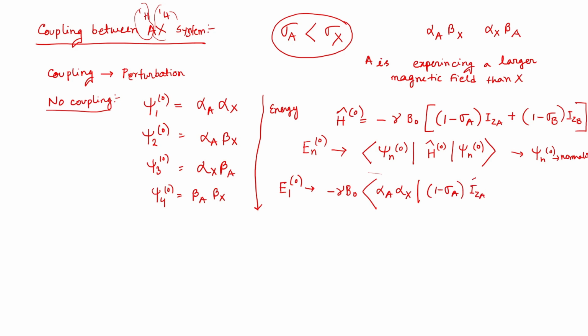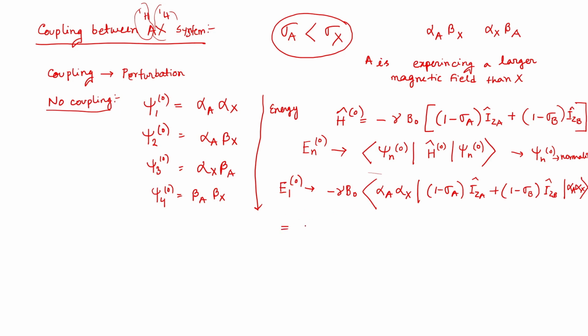I am making one mistake: these are vectors, or the operators, you can say, here the operators, and (1 − σ_X) I_zX here, and it is there α_A α_X, and it's closed.